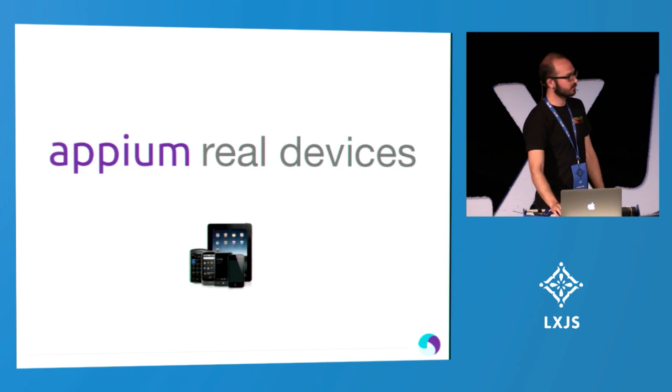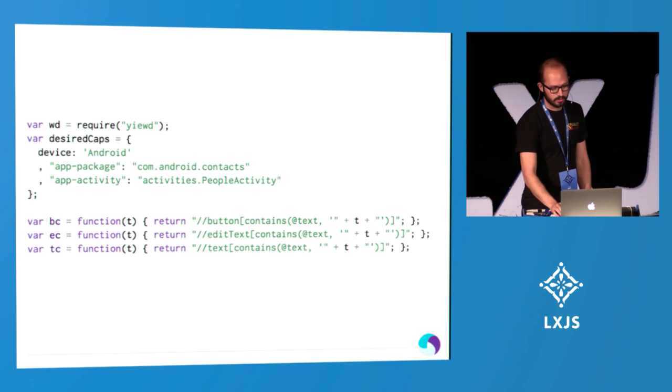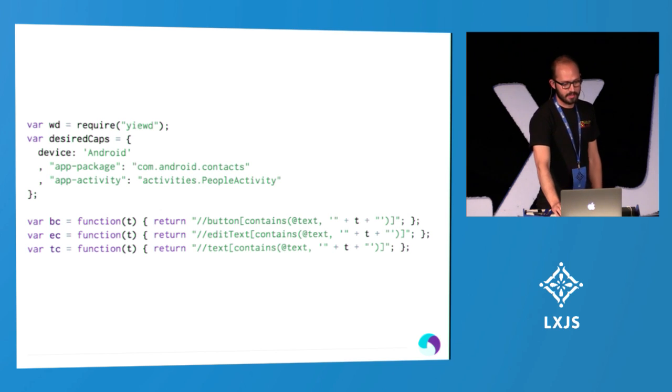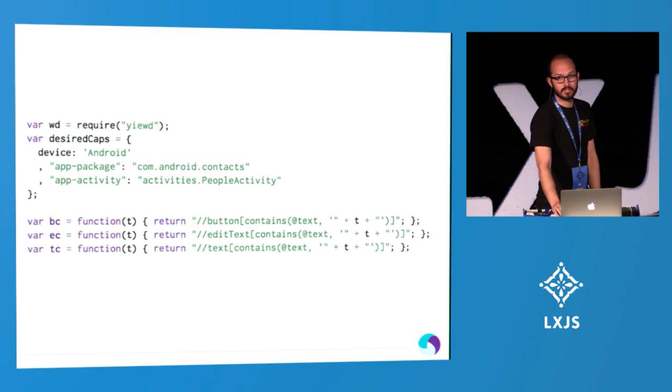So I said that Appium works on real devices. Here's some code for automating the Contacts app on an Android device. The particular code isn't super important. Basically, the only thing to notice here is that your desired capabilities for Android are slightly different than those for iOS.